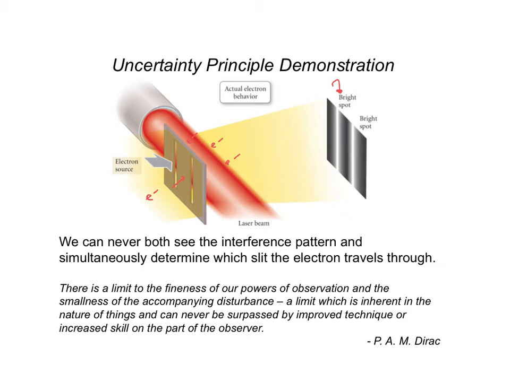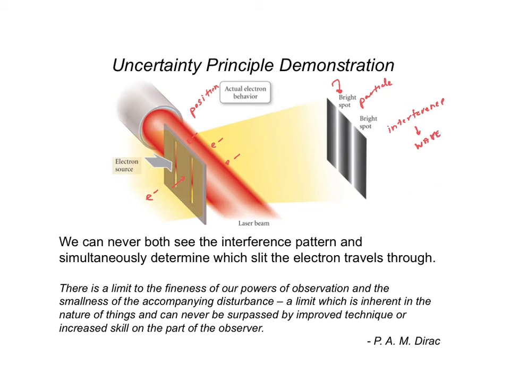So when you try to measure which slit the electrons are going through, the electron behaves like a particle. When you don't try to measure the position, and instead just let it go through, you get the interference pattern, which is part of its wave-like nature.